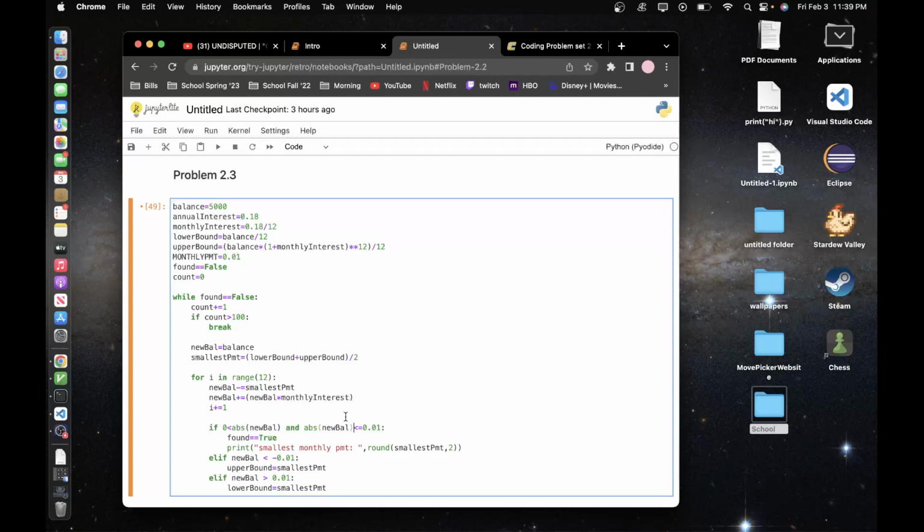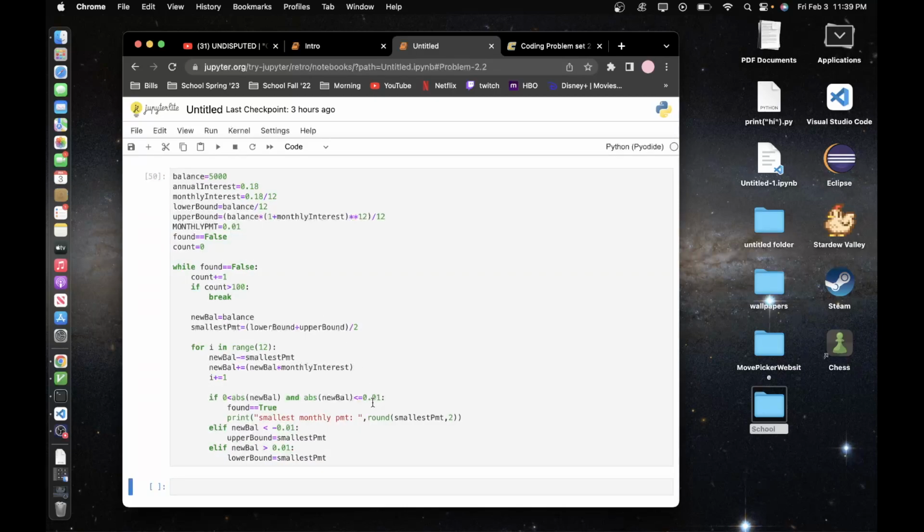Between, maybe it's just not recognizing it's two different bounds. Greater than 2. Yeah, it doesn't matter.